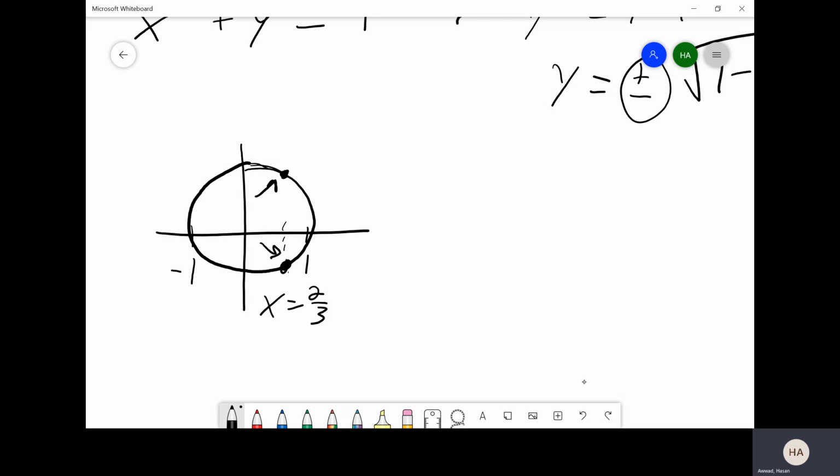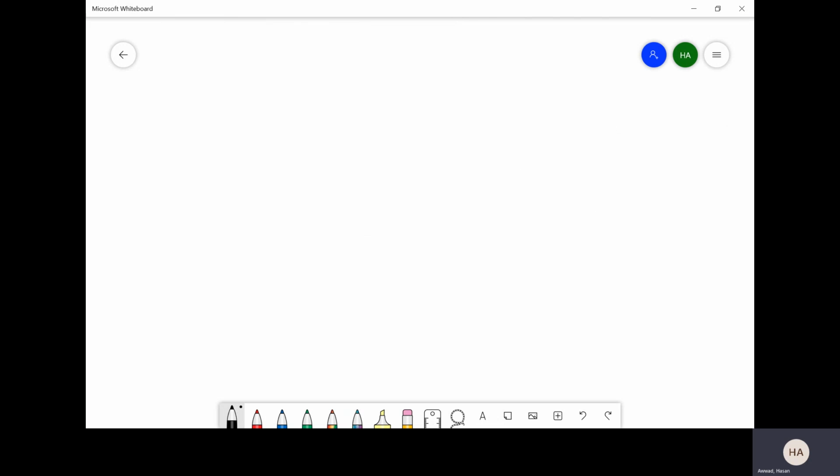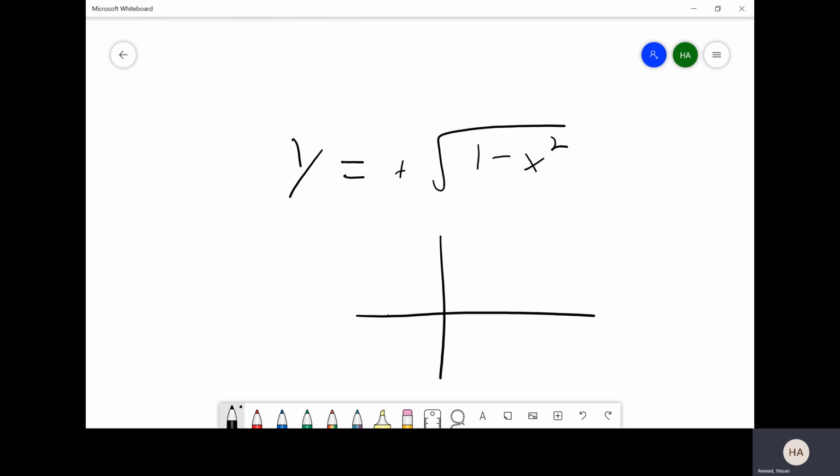But remember, we talked a little bit about semicircles, right? And semicircles are where you essentially just break up the positive and negative square roots into just the positive square root or just the negative square root, right? If we're talking about the top half of a circle, the top semicircle, that's just going to be the positive version of the square root of 1 minus x squared, right? And again, roughly sketching this, we're essentially just talking about this, where this is 1 and this is -1, right?